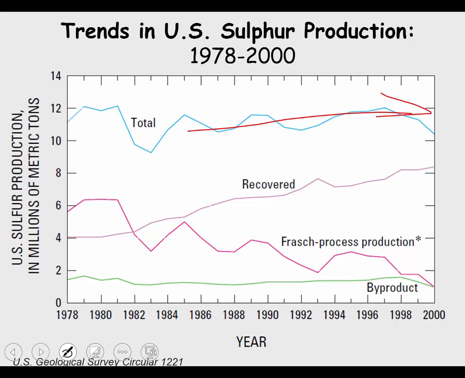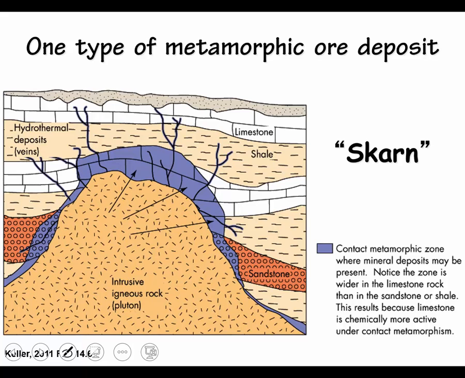And the Frasch process, which is a process that we talk about, from dissolving sulfur in salt domes, that's been decreasing. So we've actually been able to replace one source of sulfur for another. Okay.